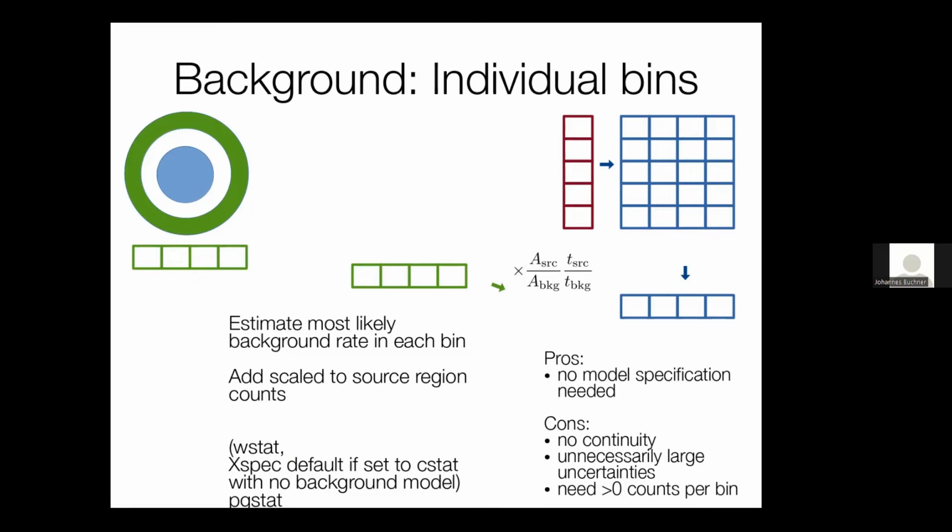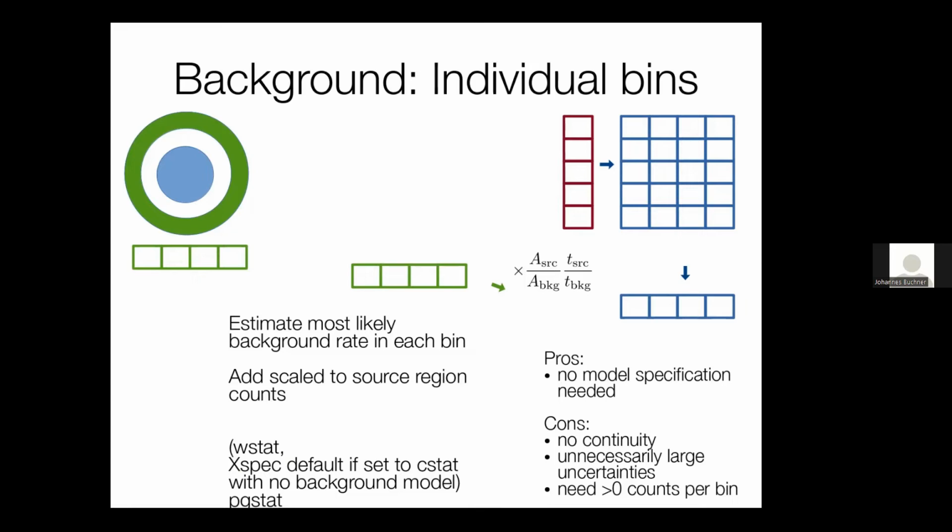This is nice because you don't have to assume a model, you don't have to do much, but it has the drawback that there is no well-defined maximum or optimal count rate if you have 0 counts. And actually, 1 count is still a little bit problematic. So if you want to use this, what people usually do is bin up the background spectrum to have 1 or more counts in each bin, and then you can apply this. You don't bin up the source spectrum by its counts, you bin up the background spectrum, and then you apply the same binning to the source spectrum. So you shouldn't use group pha, you should use ftgrouppha.